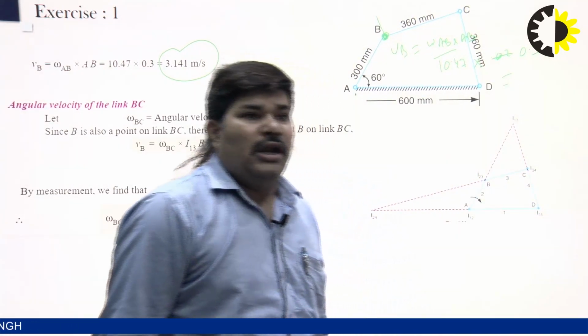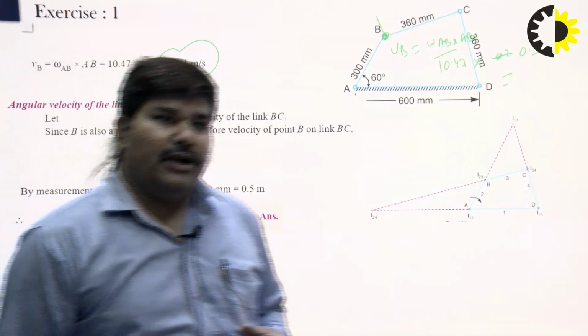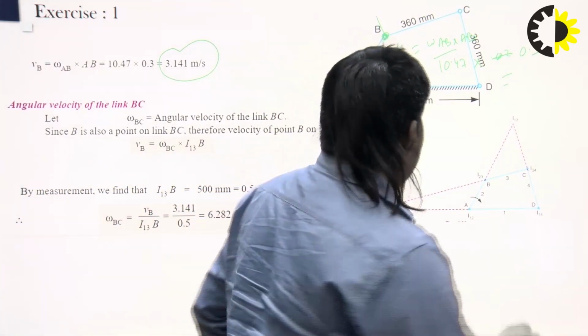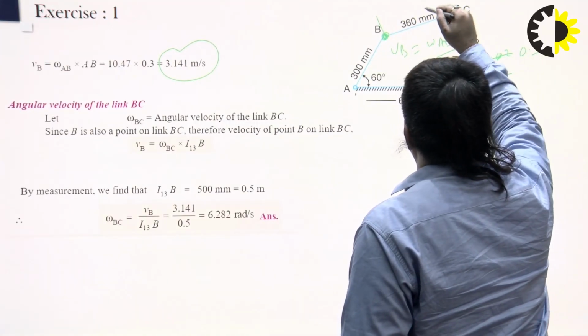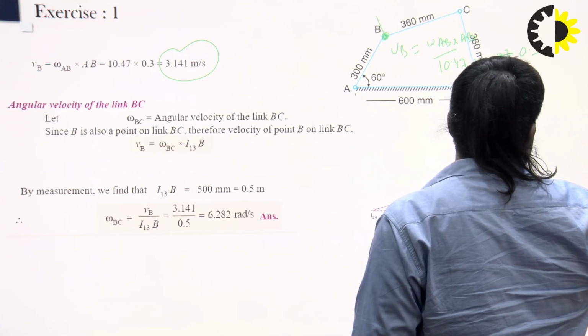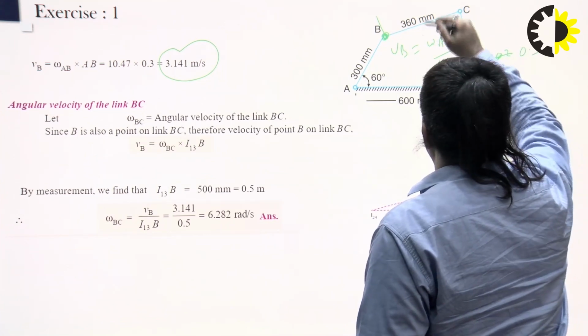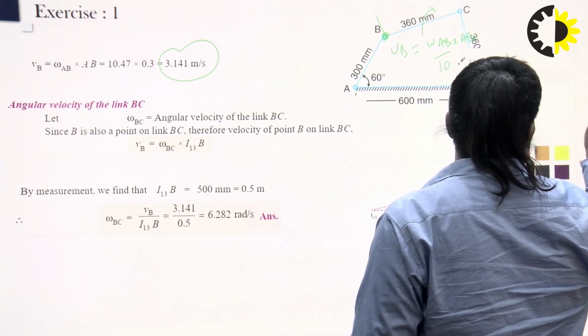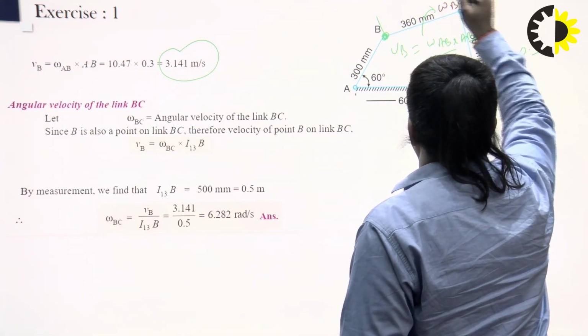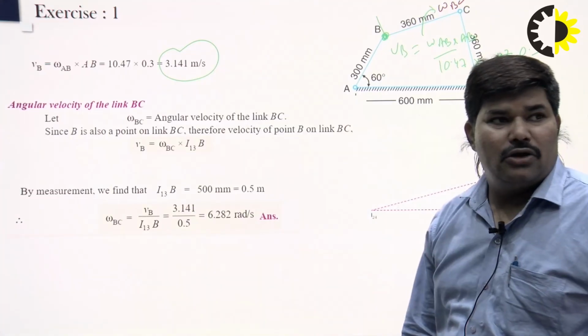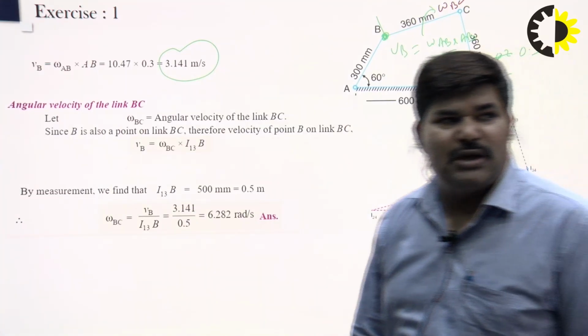So let us find the angular velocity of link BC. How will we find the angular velocity of this link BC, right? So let us find the angular velocity of BC.